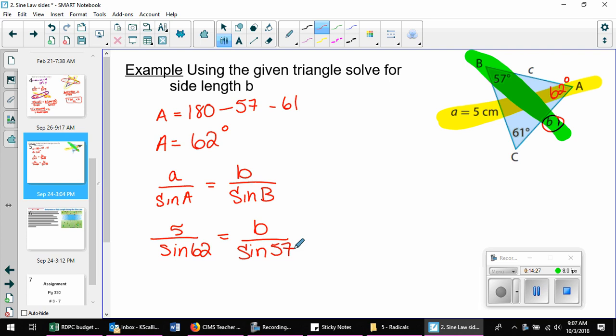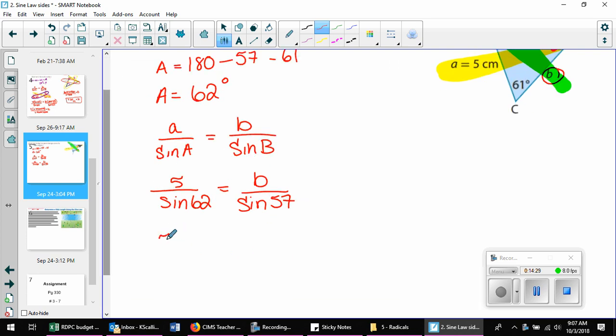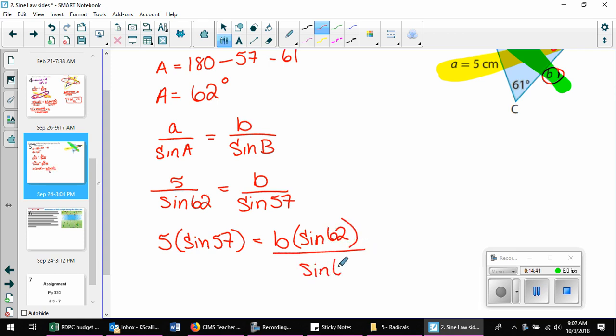So I'm going to cross multiply. So I'm going to have 5 times sine of 57 equals B times sine of 62. I want to get B by itself, so I'm going to divide by sine of 62. Divide both sides by sine of 62.